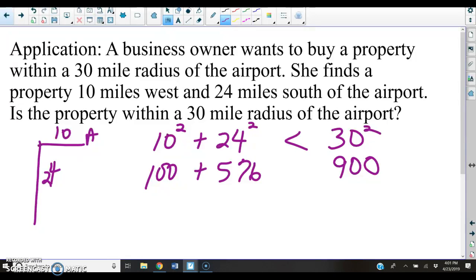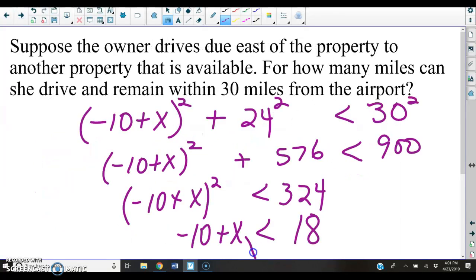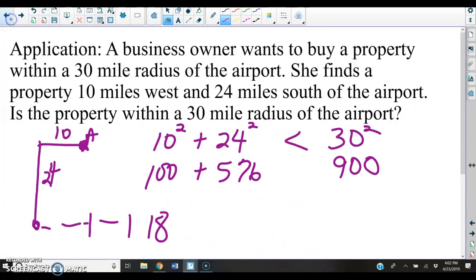Take a look at what's happening. So here's our airport. If we go 18 miles this way, I'll still be within that distance. So actually I think it's 28. Take a look at that. Wouldn't x have to be less than 28? Go ahead and check that.